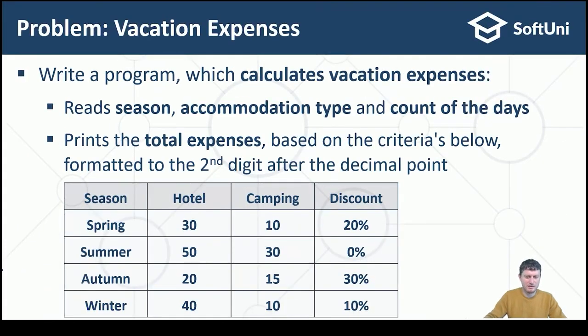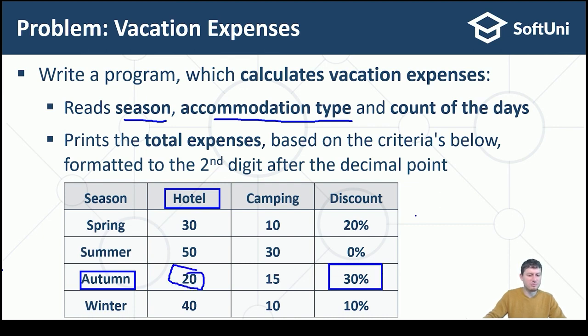150. But if we have, for example, autumn and hotel, okay, the season is autumn, the accommodation type is hotel, the rate is 20, but we have 30% discount, so the rate is 20 by 0.7. Do you agree? It is 1.0 minus 30%. It's 70% of this 20 multiplied by the number of days.